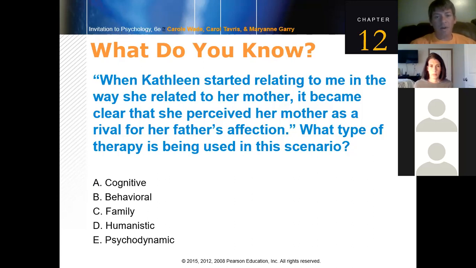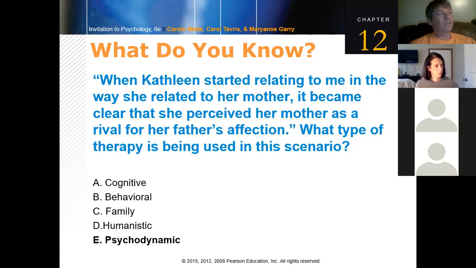So what kind of therapy is being used? Anyone want to guess? I don't know from that question. Psychodynamic. That's what I was looking at. Good.